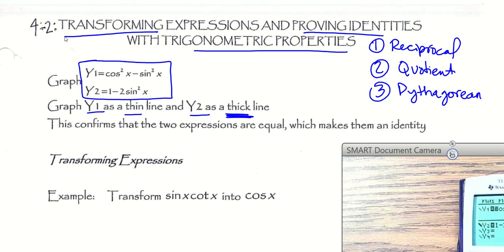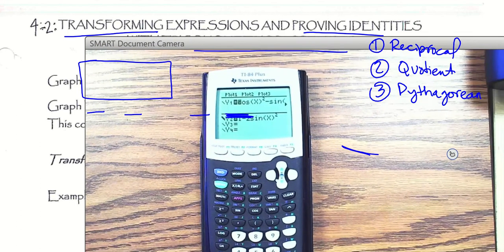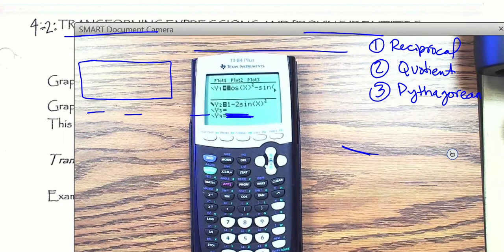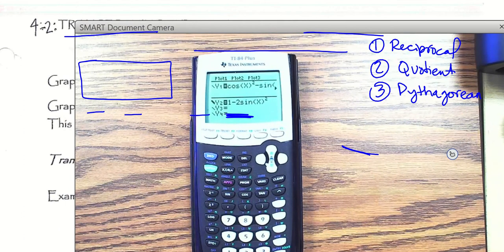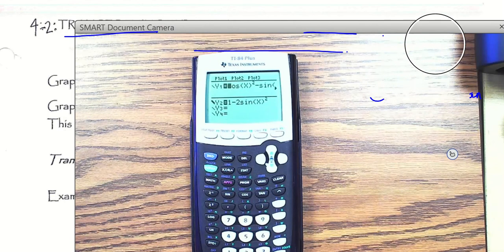So I've got that here, and I'm going to pull in the document camera. And let's look at what happens. So what I've entered in my calculator is I have y equals the cosine of x.